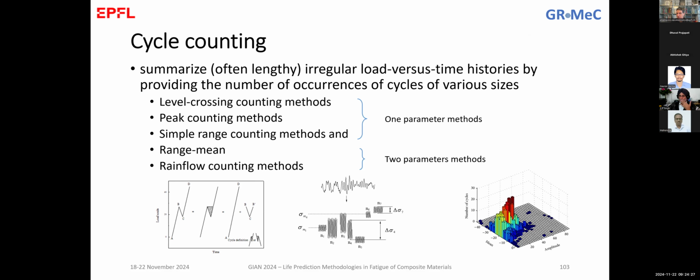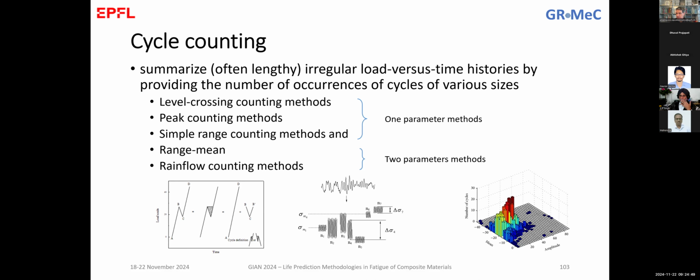We also call it a Markov matrix that gives the number of cycles. So these histograms correspond to the number of cycles in terms of height. And this diagram on the bottom shows the characteristics of the cycles, the amplitude of the cycle and the mean value.